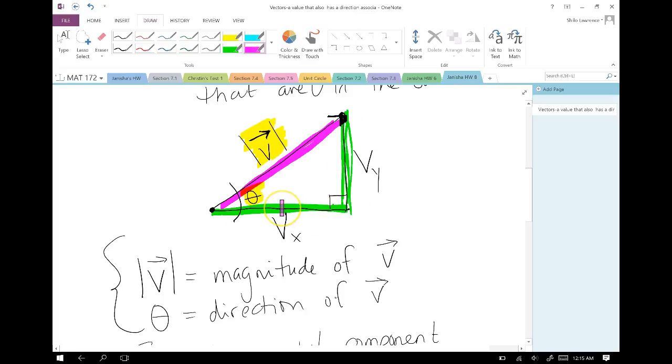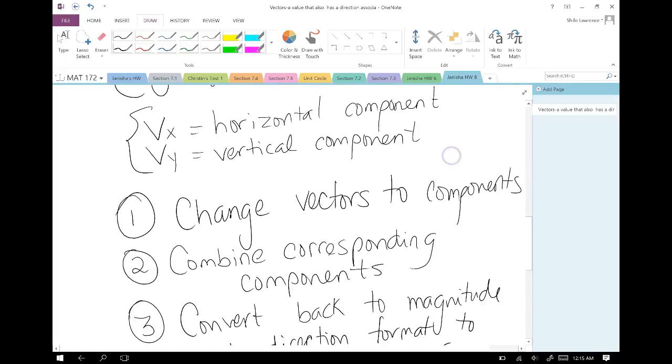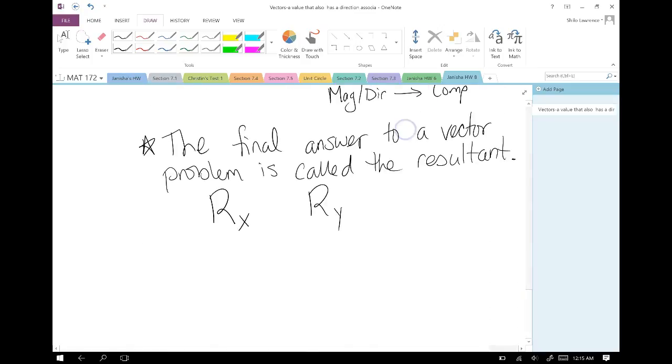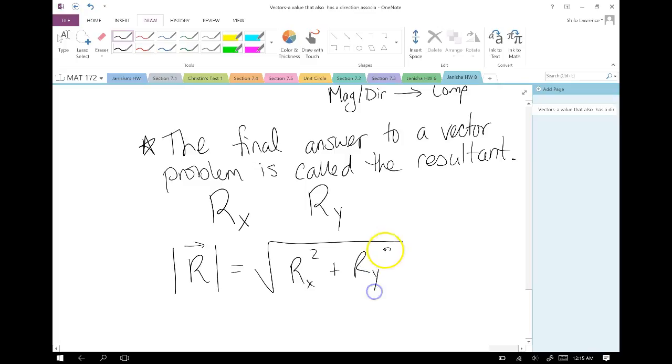We've got the two legs, and we want the hypotenuse. So to figure out magnitude, we've just got to do the Pythagorean theorem. The magnitude of our answer is just the square root of r sub x squared plus r sub y squared. That's just the Pythagorean theorem solving for the hypotenuse.